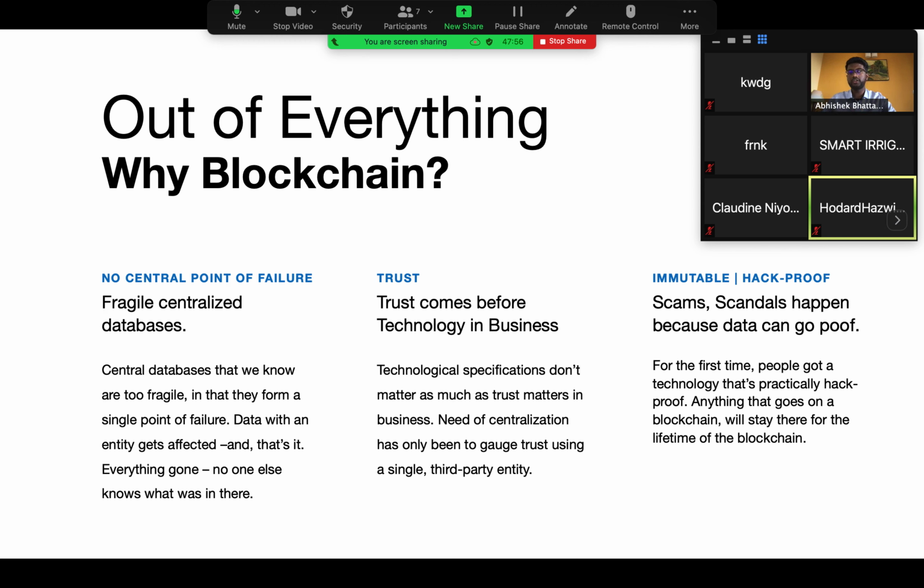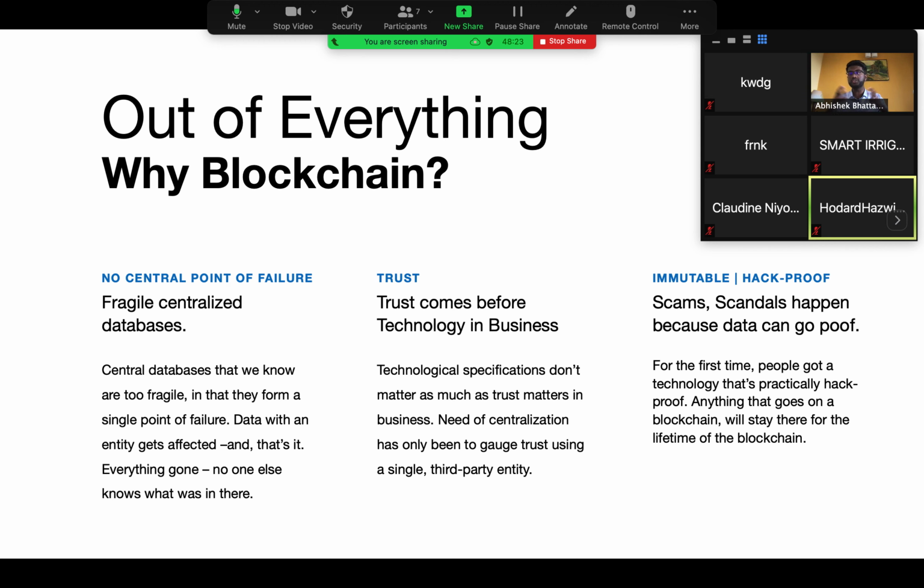A central point of failure means that everything can crumble the moment one computer system or one database goes down. You lose access to transactions, to all your ledgers, to any data that was being kept by one entity, maybe your bank. That is one thing that blockchain removes completely.